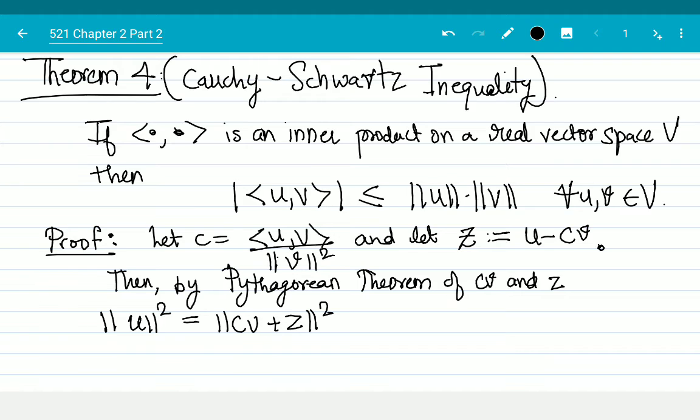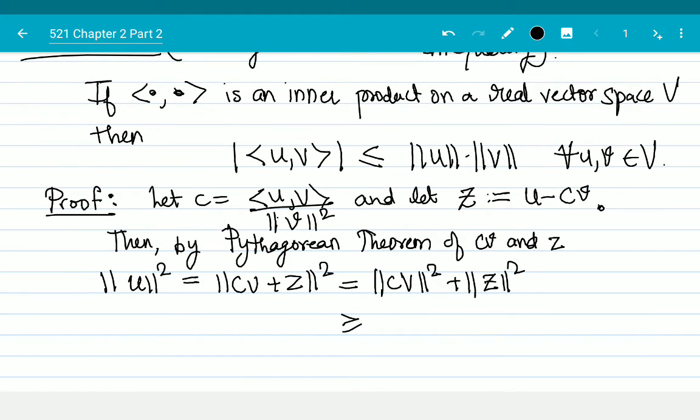Because CV plus Z is just U, is equal to, well, norm of CV squared plus norm of Z squared, because these are orthogonal to each other, right? And this is greater than or equal to norm of CV squared plus 0, right?